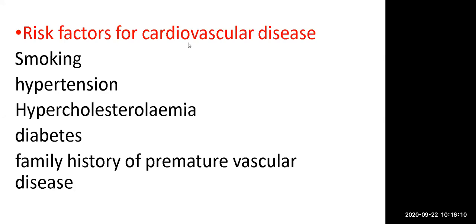If you study the endocrine system, diabetes is an insulin-changing disease. Then the next one is family history of premature vascular disease. It means: what kind of disease did your family members have previously? Let's see.